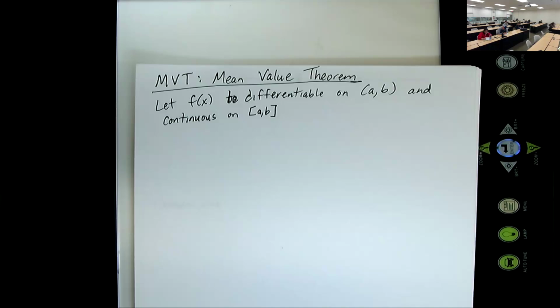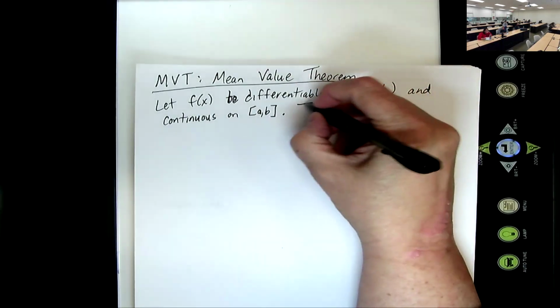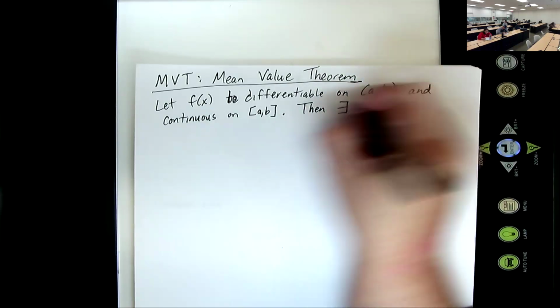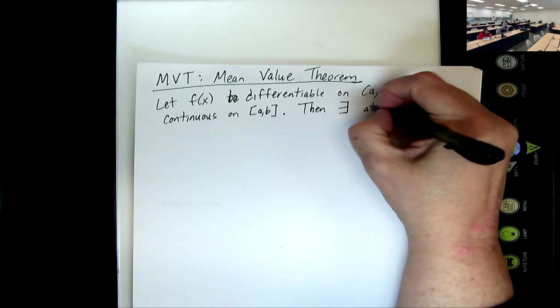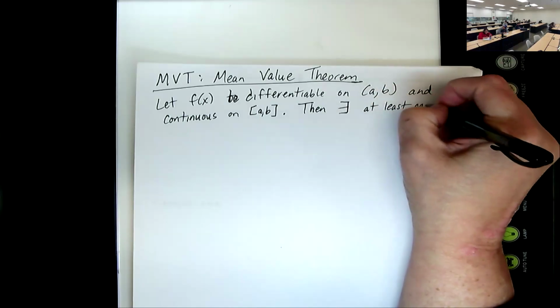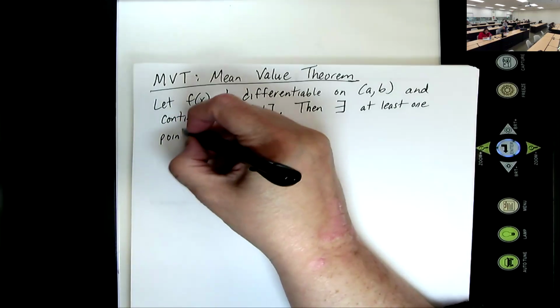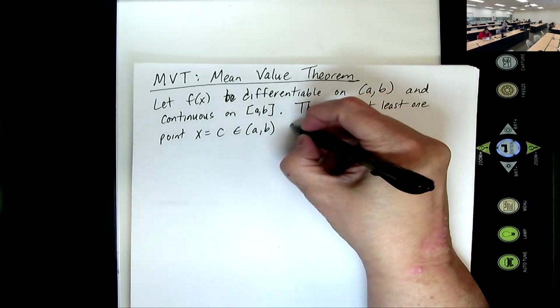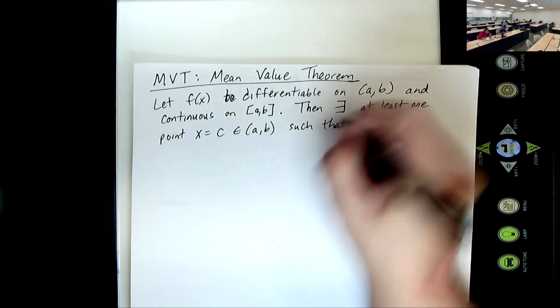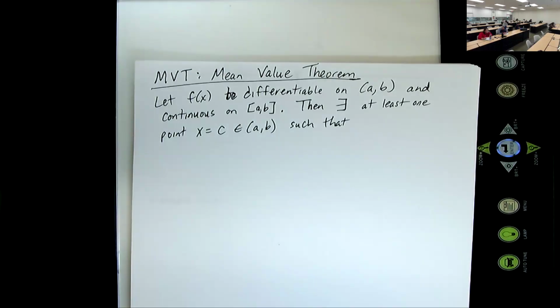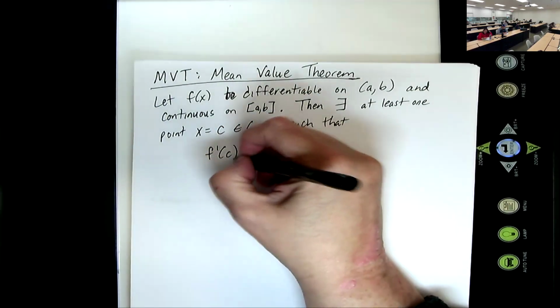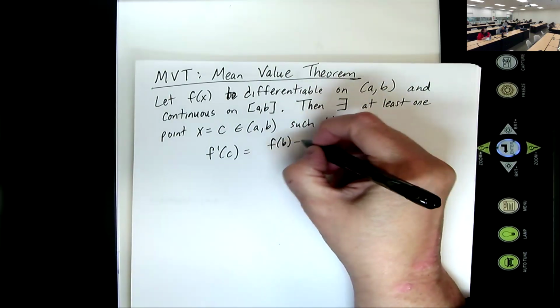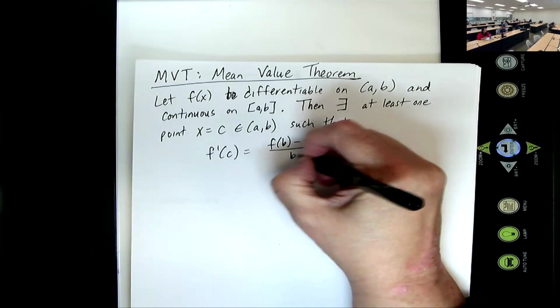We are not restricting it where we require endpoints equal to 0. Those are the only requirements now. Then there exists at least one point c in (a, b) such that f prime of c equals f of b minus f of a over b minus a.